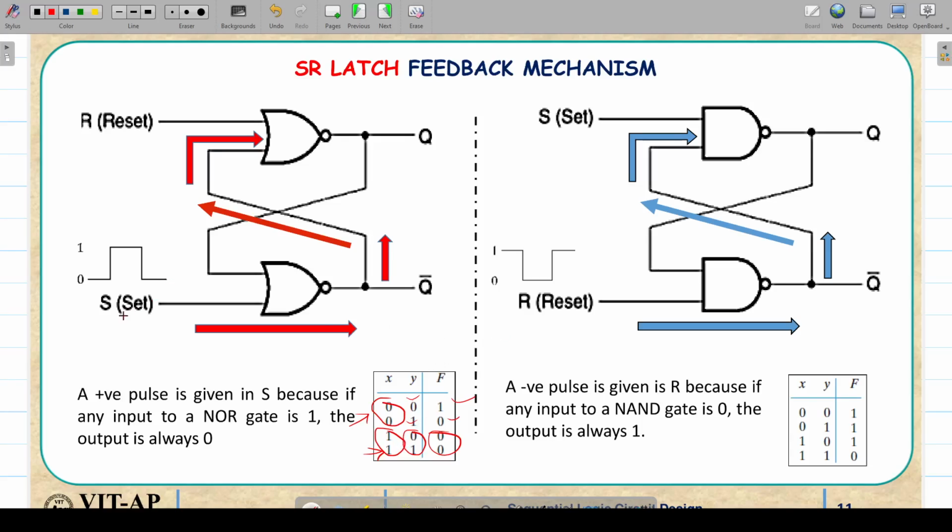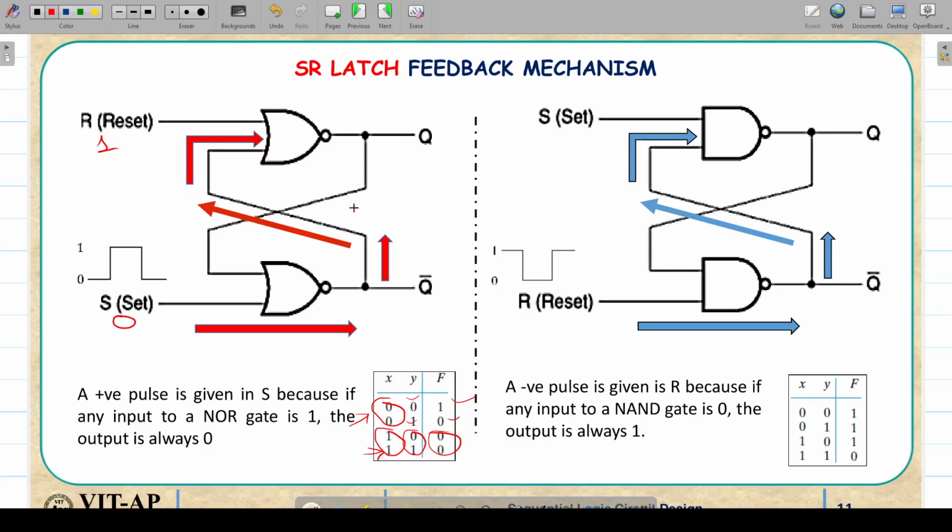Now let us try to explain this condition in the set-reset latch. Let us take a scenario where S is equal to 0 and R is equal to 1. We call this a set and reset latch because, depending on the input, the output is set or reset.